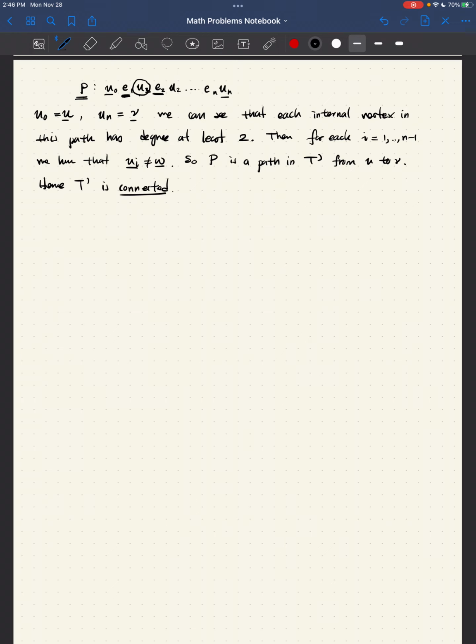So to finish with the demonstration here, the final thing, the one that we care about the most, is to show that every tree with n vertices has n minus 1 edges. So the proof will proceed by induction on the number of vertices.